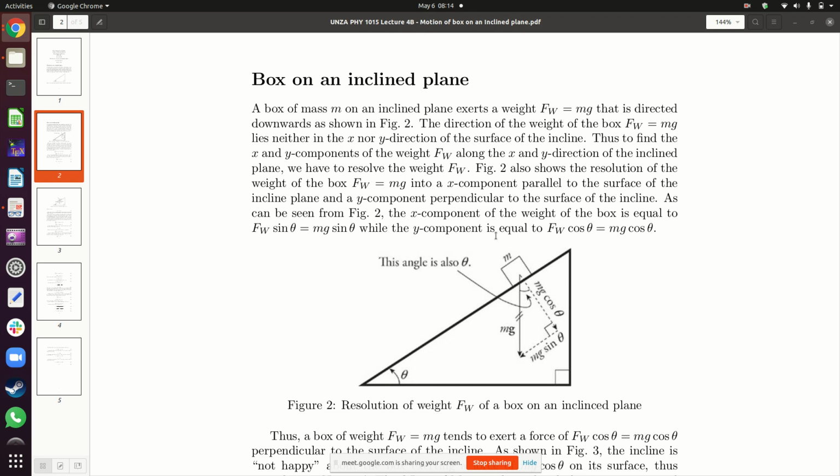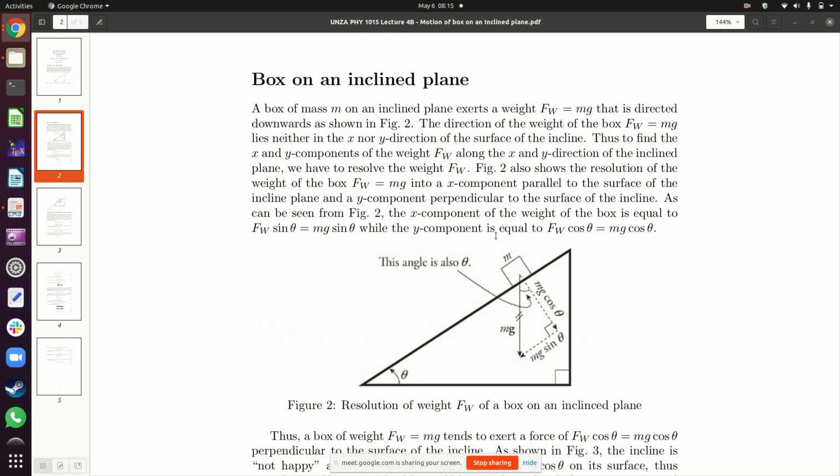But the more important question is, why is there no acceleration? The reason is because the resultant force acting on this particular box is equal to 0. So this is a case where the resultant forces actually add up to 0.